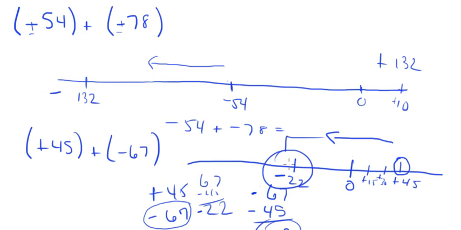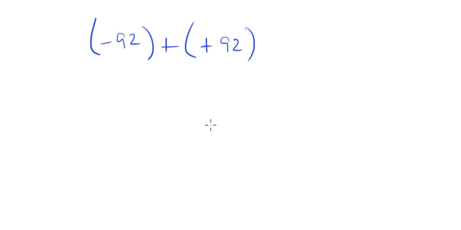Okay. And then lastly, and I don't even know if I really need to draw it out, we're at a negative 92, and we're going to add to that a positive 92. So where am I at, ladies? I'm over here all the way down at negative 92, right? And I'm going to add to that a positive 92. So I'm going 92 in which direction?